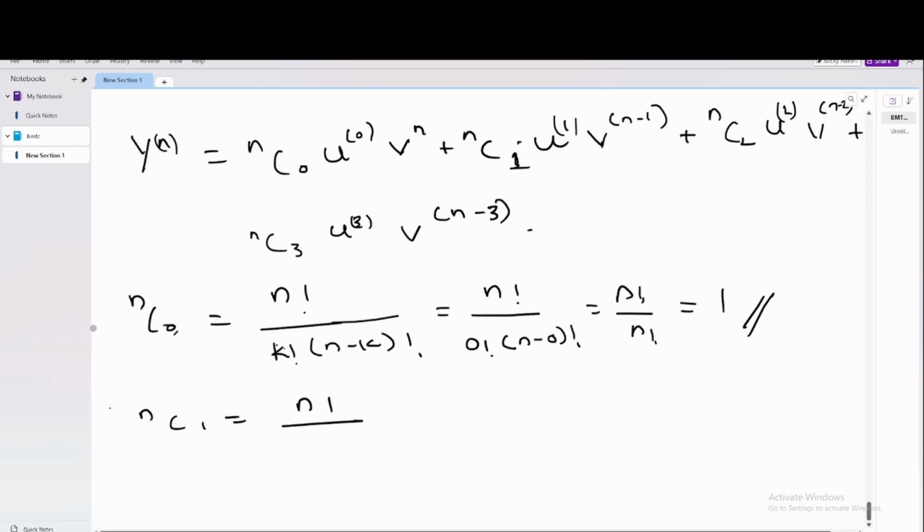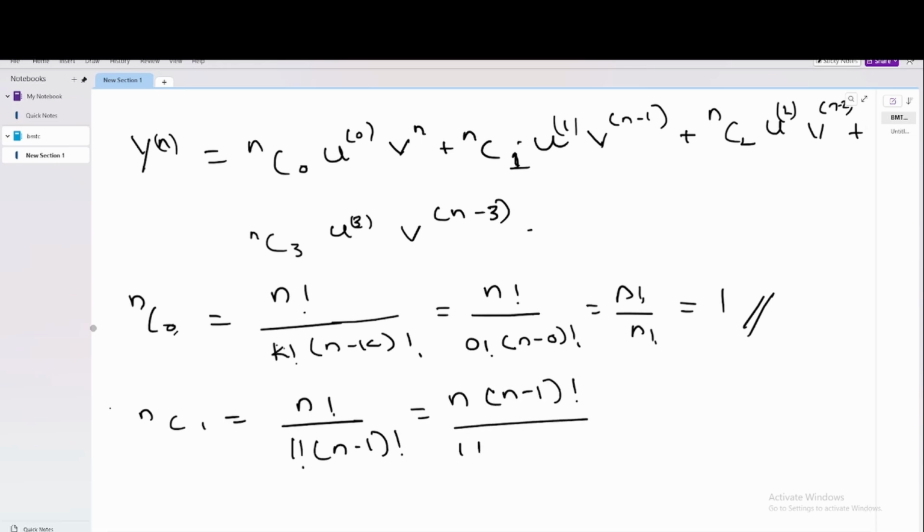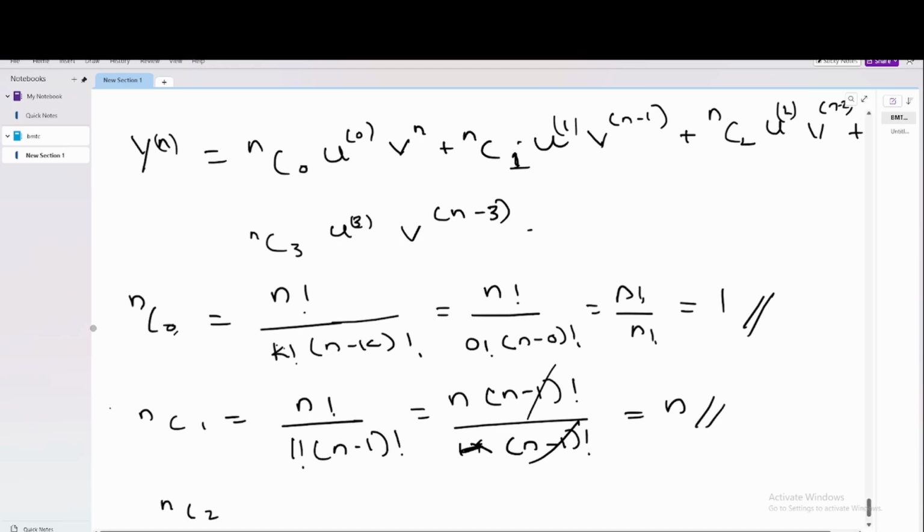Here k is equal to 1: n factorial by 1 factorial into n minus 1 factorial. We can rewrite it as n into n minus 1 factorial divided by 1 factorial, which is 1, divided by n minus 1 factorial. The n minus 1 factorials cancel, so nC1 is n.